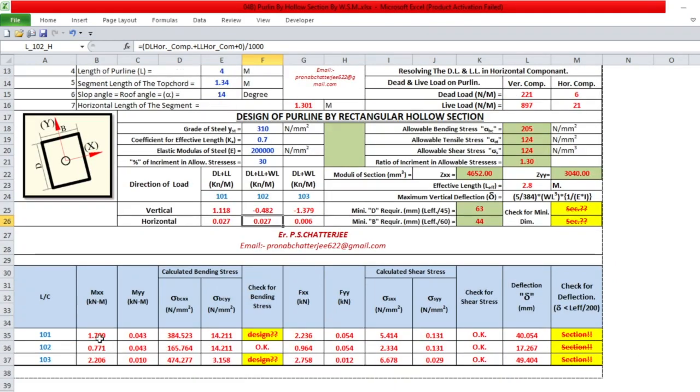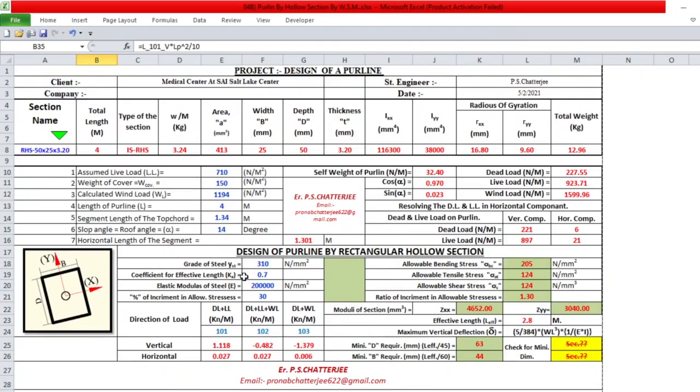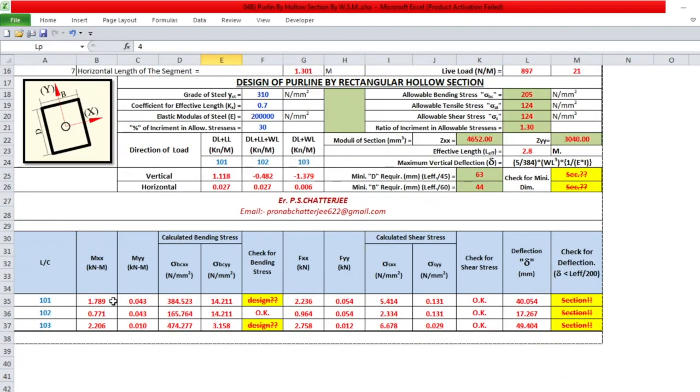Now MXX is equal to, this is vertical load, 101, this one. 101 vertical, W into L, length of the purlin LP, divided by 10, because we are considering the purlin as a partially fixed beam.